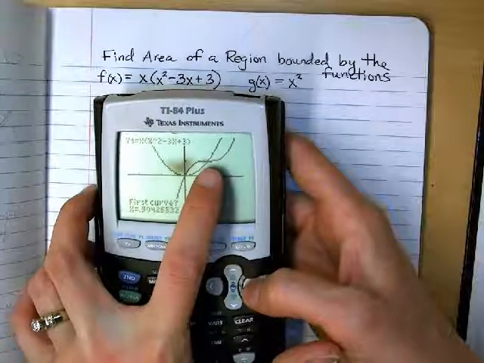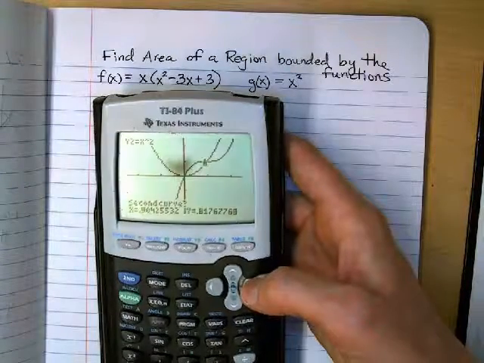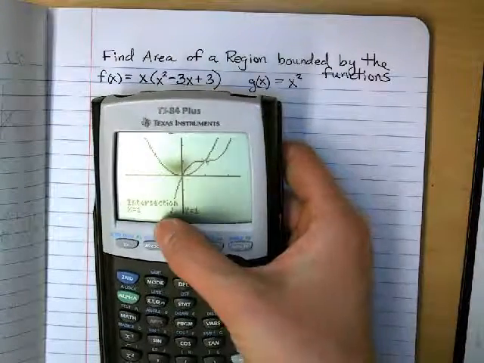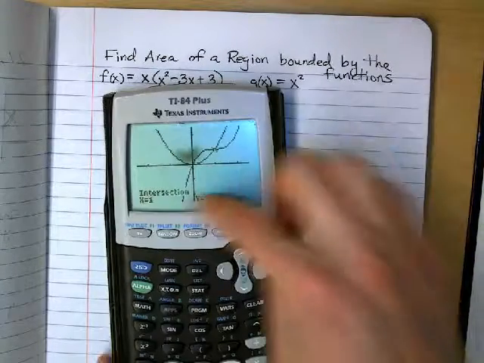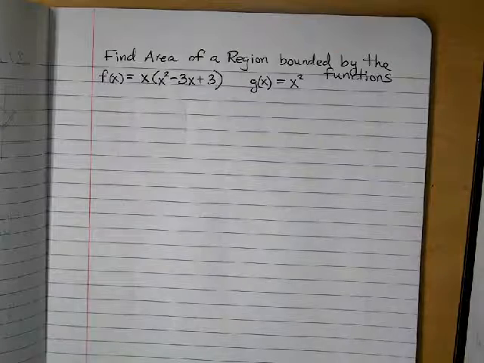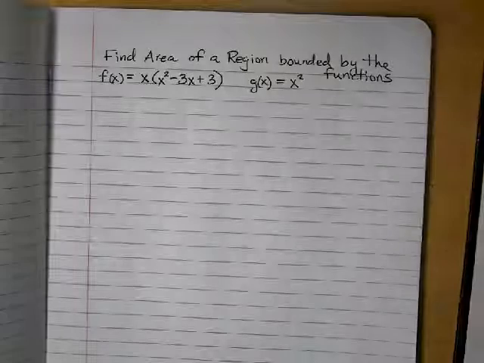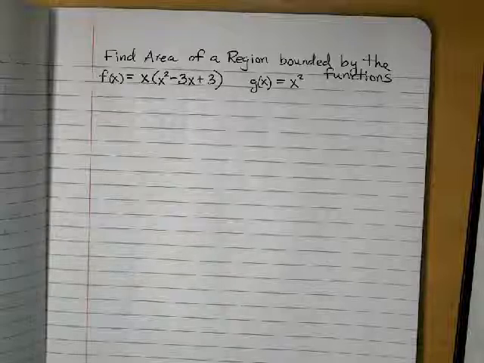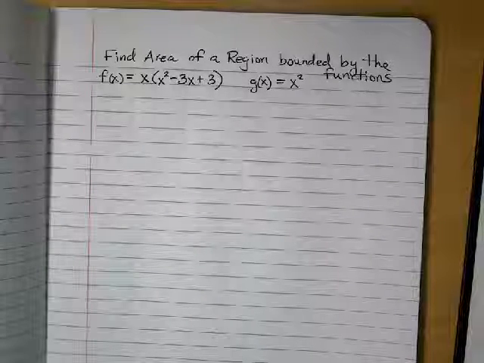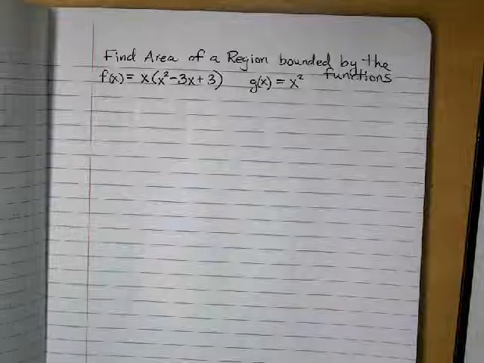And you hit enter 3 times, then it says intersection 1, 1. It tells you that you can find them on a graphing calculator. So I can help you guys more with that if you really want to use your graphing calculator and get used to using it. But with Desmos, I just literally had to hover over it and click on it and it told me the points. So Desmos is almost easier.